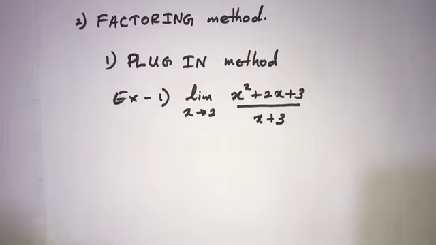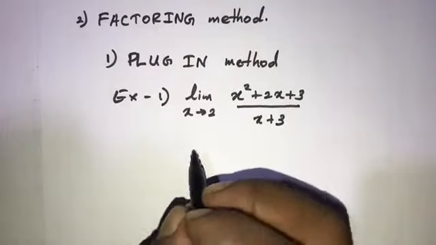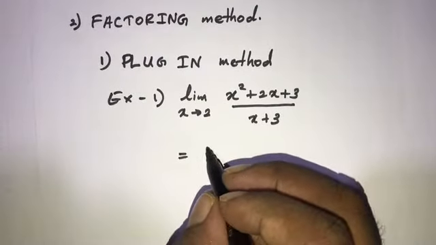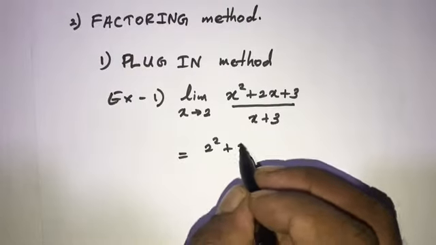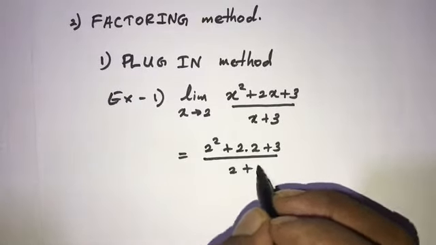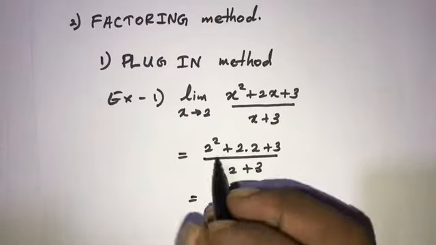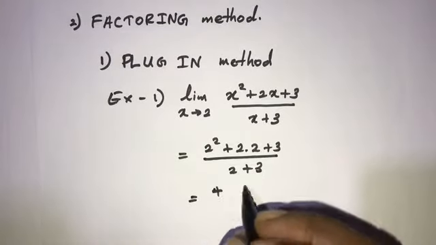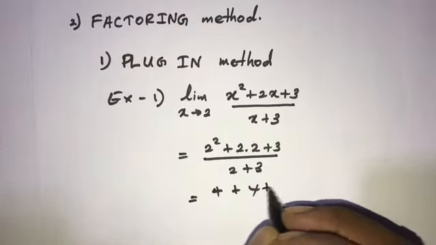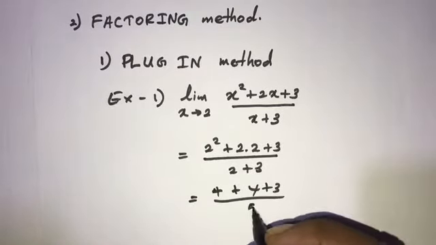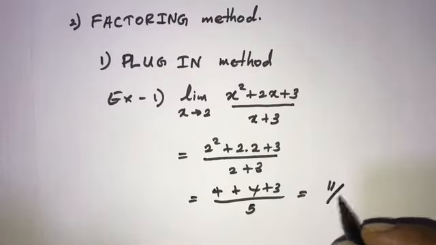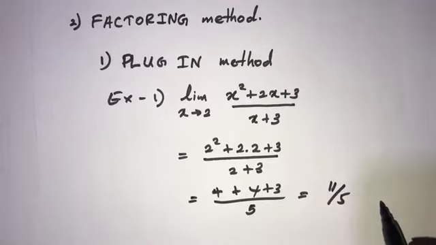So we get 2 squared plus 2 times 2 plus 3 over 2 plus 3. 2 squared is 4, plus 2 times 2 is 4, plus 3, over 5. So the answer is 11 over 5. That is your limit.